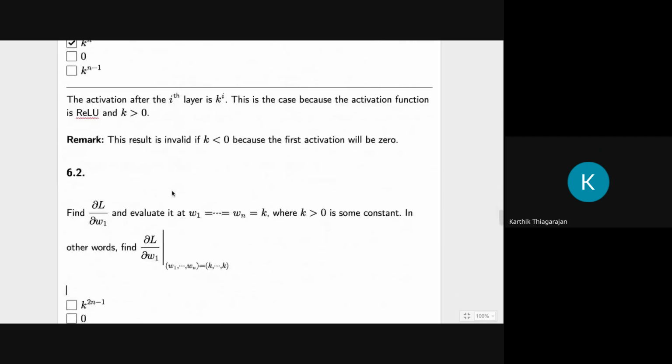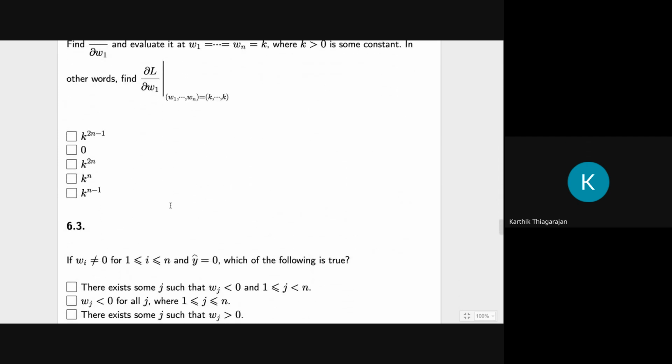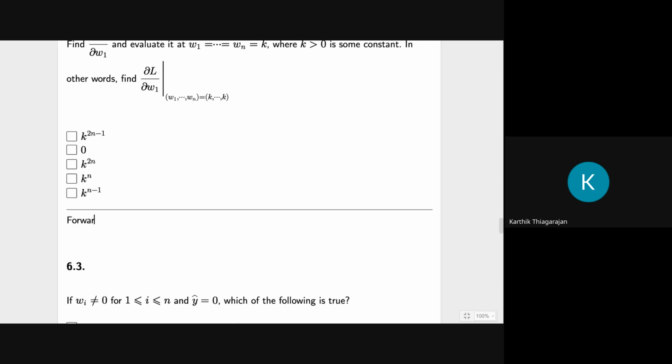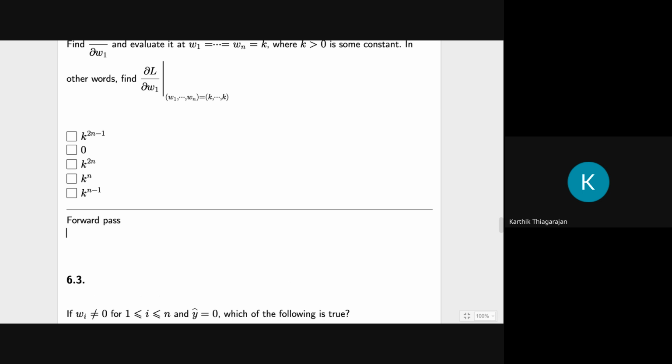This is just chain rule, but you have to be careful to keep track of the exponents. The first is the forward pass, where you have already figured out that the predicted label, y hat, is equal to k power n.